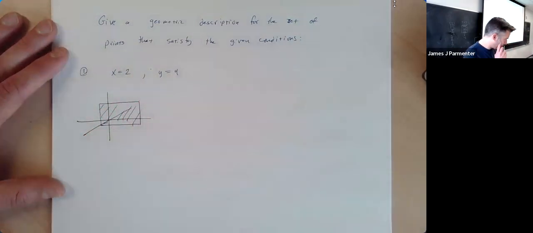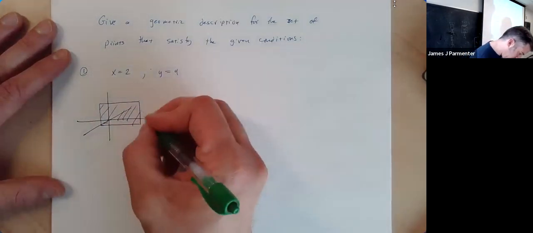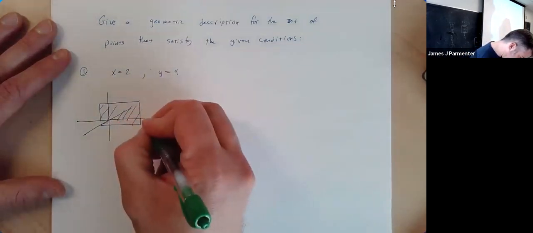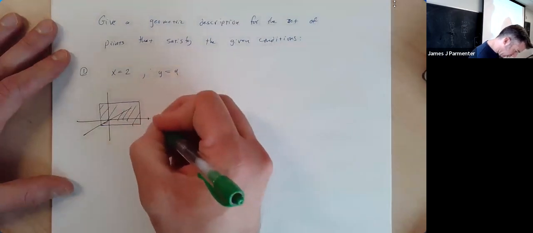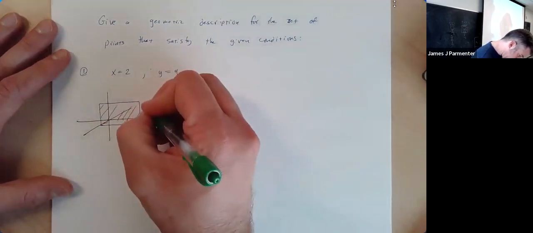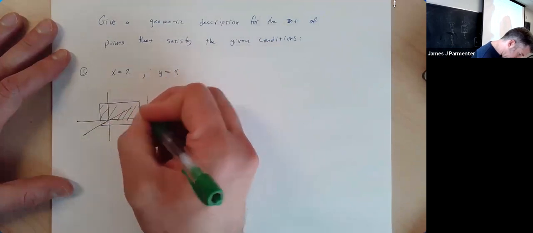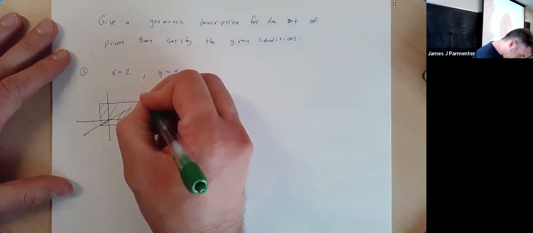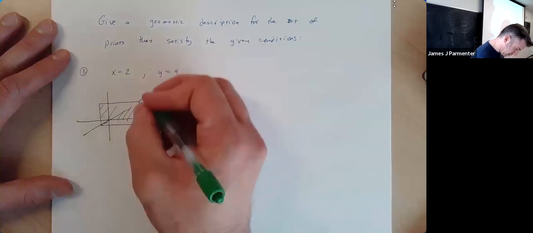And maybe I should have done y equals 4 first. Oh well. Over here, that's where y equals 4. Y equals 4 is the plane that goes in the x and z direction.